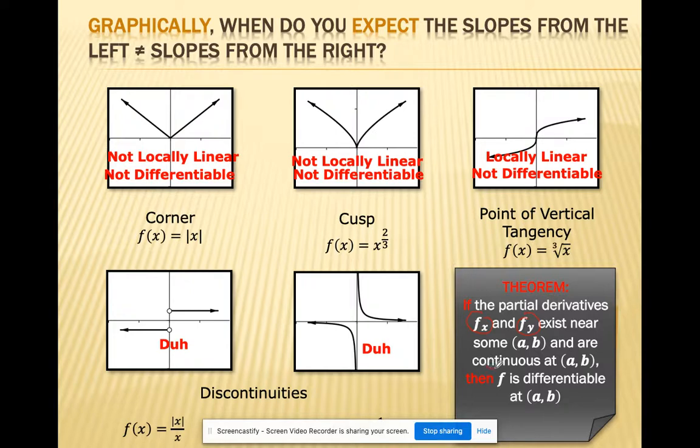Then also show that they are continuous. That is enough by a theorem. There's certainly a proof behind this, that the function f is differentiable at the point in question.